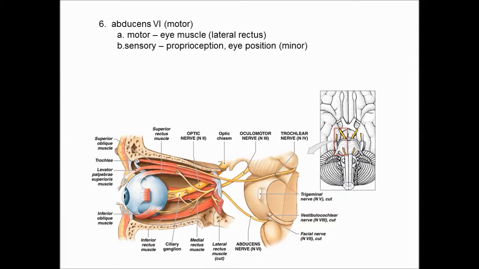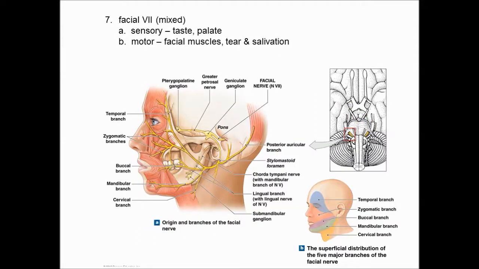Number 7 is called the facial, and that also comes from the pons, and it's mixed. Definitely there's facial muscles. It's responsible for the control of facial expression, they usually say, hence the name facial.